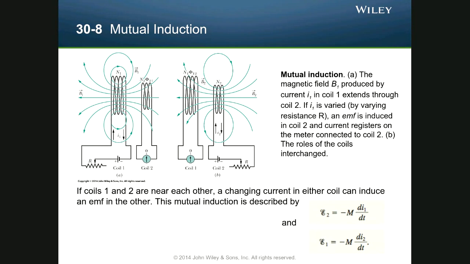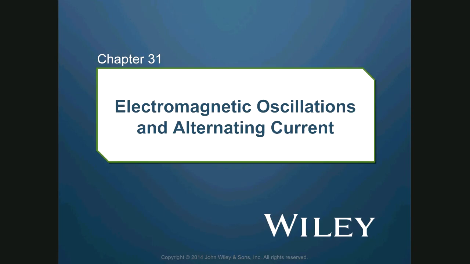So let's stop sharing this and go on to chapter 31. Okay. We're going to first start talking about electromagnetic oscillations, all right? And I want to go slowly through it so that hopefully it makes as much sense as possible.